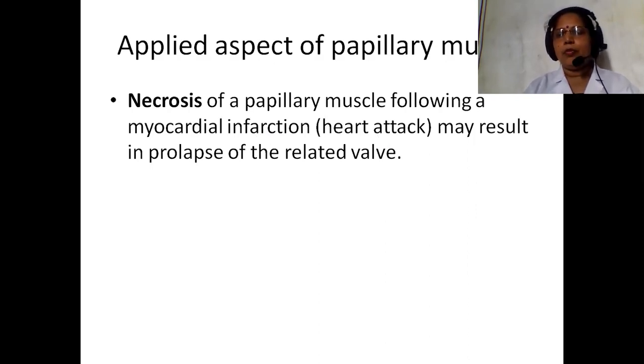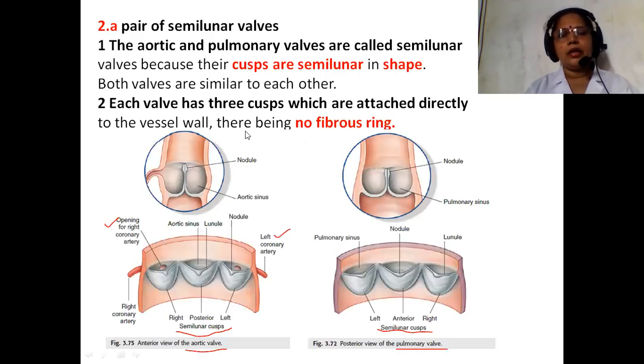During the clinical importance of the heart and the blood supply of the heart, we will discuss in detail the meaning of angina pectoris and myocardial infarction, the heart attack part. So right now we should remember, whenever there is necrosis or death of cells of the papillary muscle following a myocardial infarction, that means a heart attack, and it may result in prolapse of the related valve.